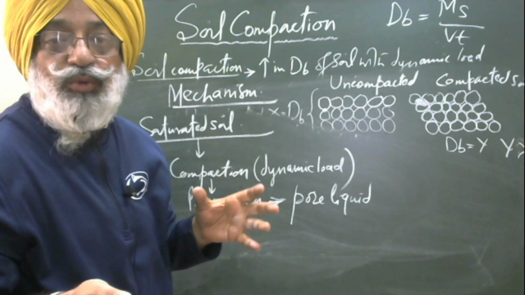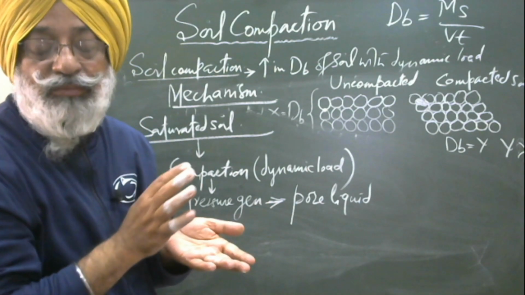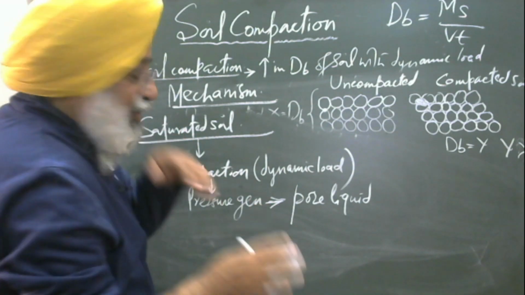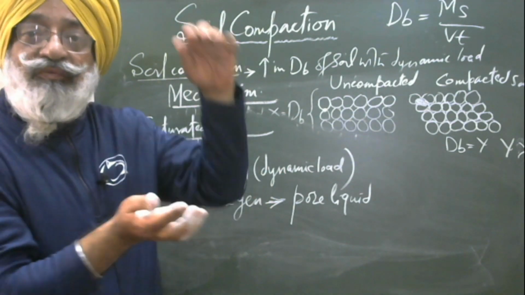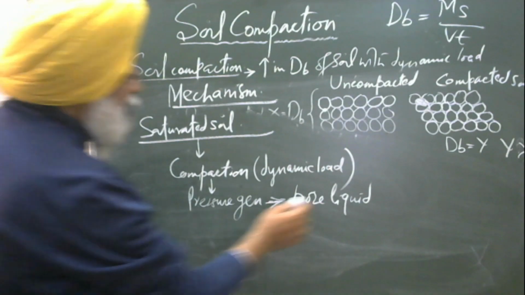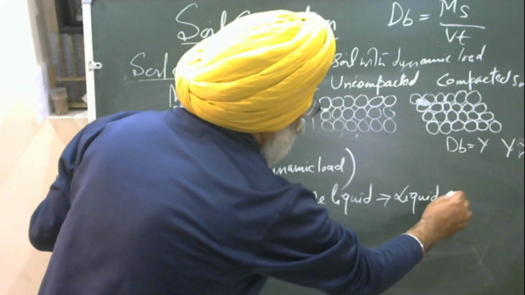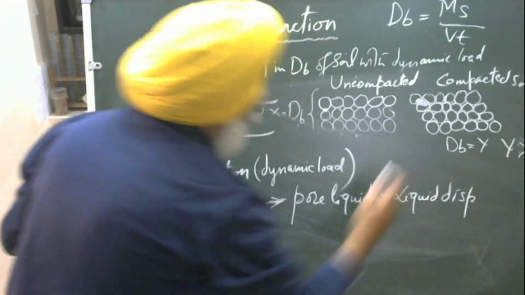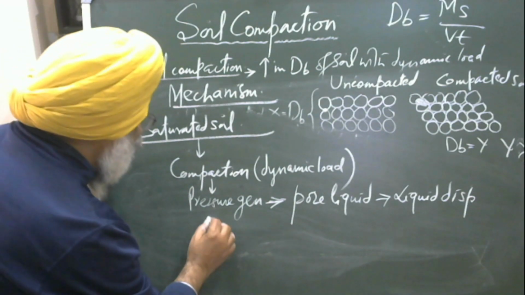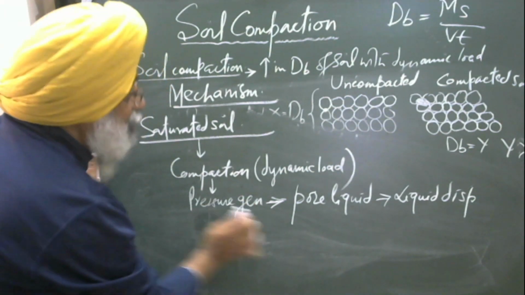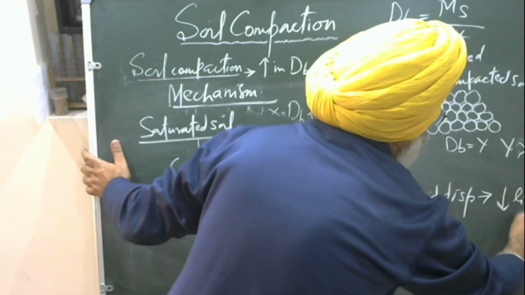If the whole pore is filled with water, a pressure will be generated, and if water finds its way out, some of the water will move out of the pore. And when the volume of pore liquid decreases, there will be liquid displacement, a decrease in liquid volume.